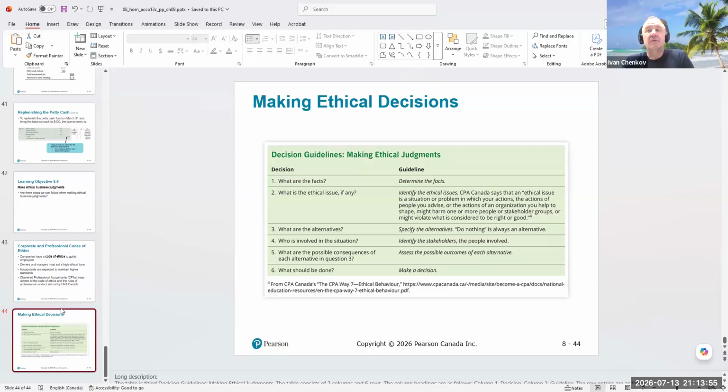How are we making the ethical decision? It's hard. There's no right and wrong here, people. But we have to act professionally.